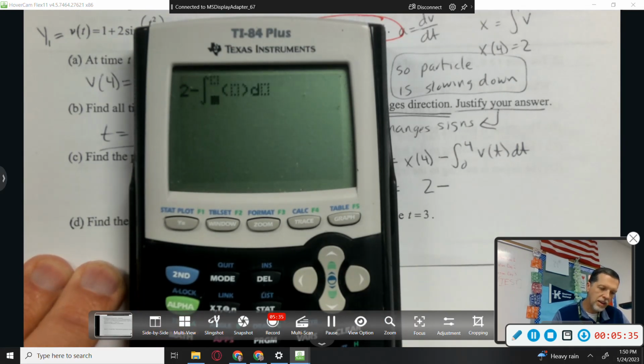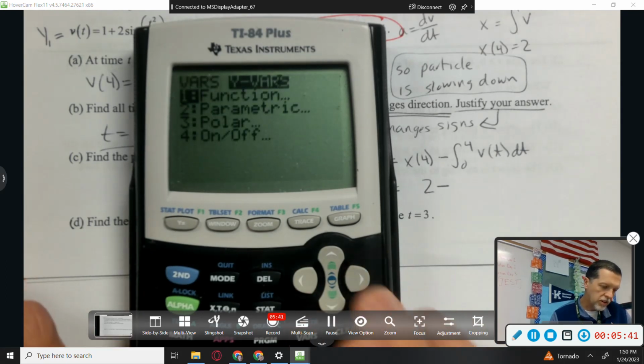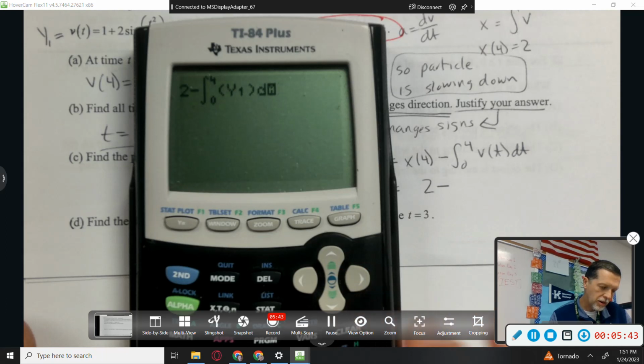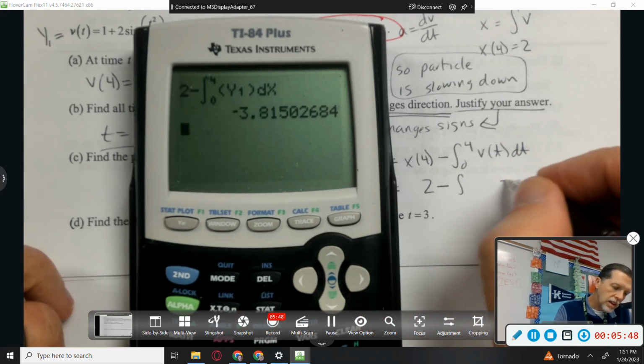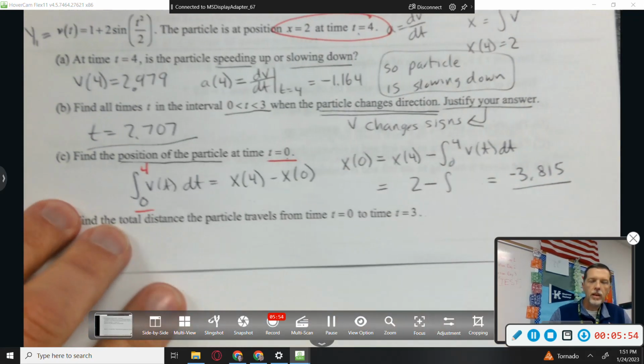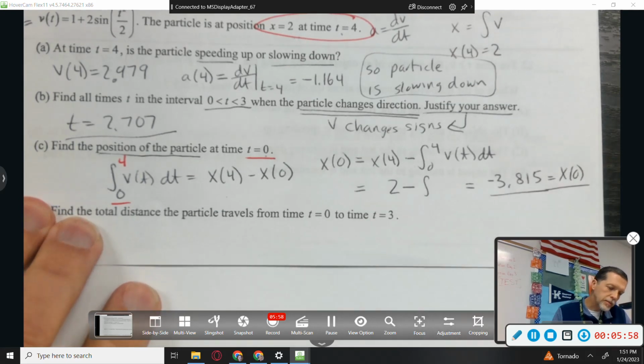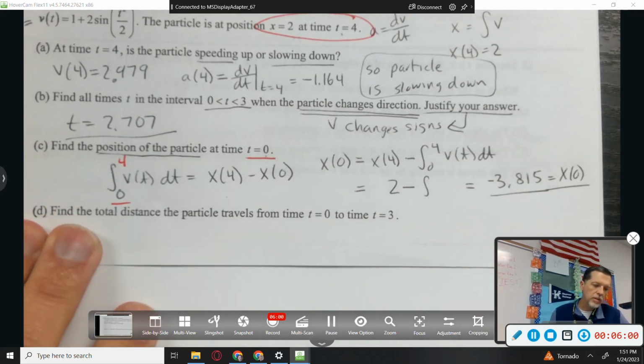Math 9, 0 to 4, bars, y1, negative 3.815, equals x of 0, the position at time 0.